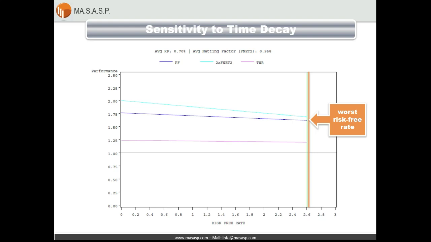The light blue line, which represents the netting factor, declines as the interest rate increases. The holding period instead is a constant for our trading strategy. Well, the netting factor reported here refers to the average value of the interest rate in the observation period.